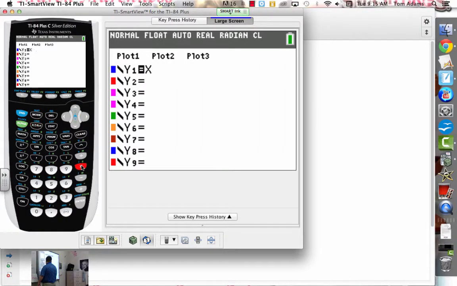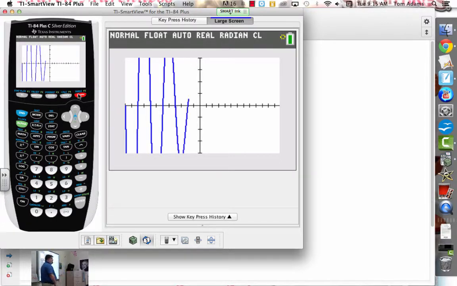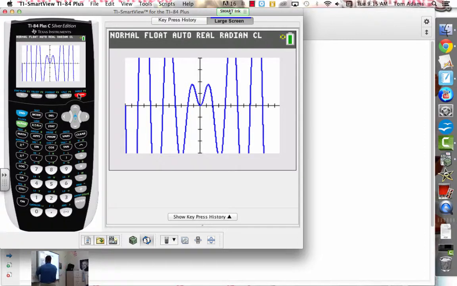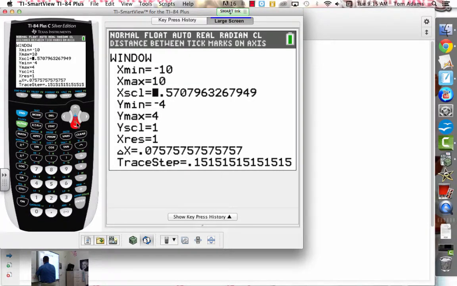So I'm going to say x times sine of x and I'm going to graph it. And so what you have is a sinusoidal function that increases with the value of x. I'm going to have to zoom out a little bit so you guys can see what's going on. So I'm going to set my x from negative 10 to 10, and then I'm going to set my y to the same. And then we'll graph it.